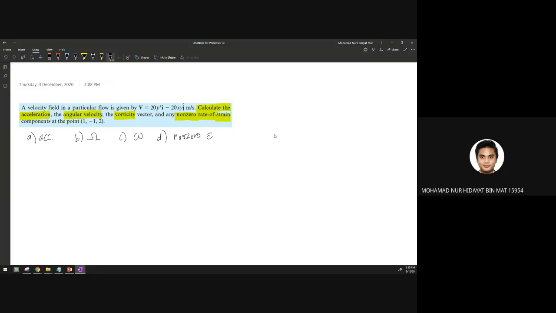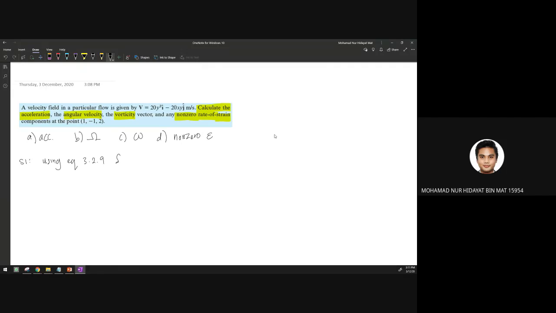So we have 4 questions. The first part is we solve the acceleration. Step number 1: remember we have derived previously the acceleration using the equation we learned in chapter 3, subchapter 2, number 9.